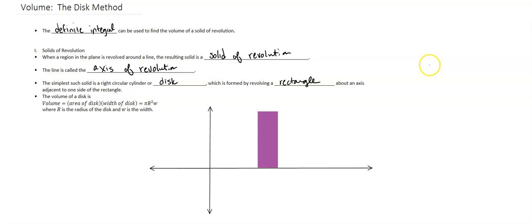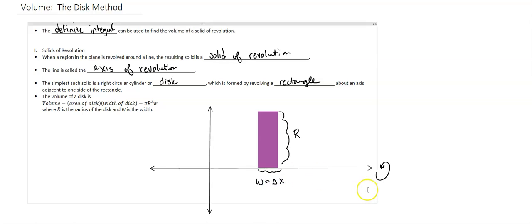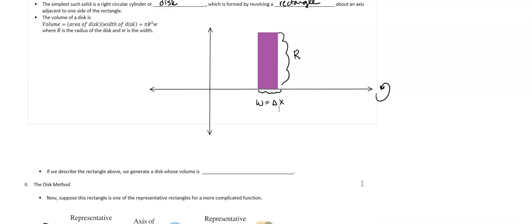Now the volume of this disk is going to be the area of the disk times the width of the disk, which would be pi times r squared times w, where r is the radius and w is the width. So if this is my rectangle and I'm going to revolve it around this axis, my radius of the disk is going to be this capital R distance here, the y on this graph, and my width is going to be the width of the rectangle, or the change in x, delta x.